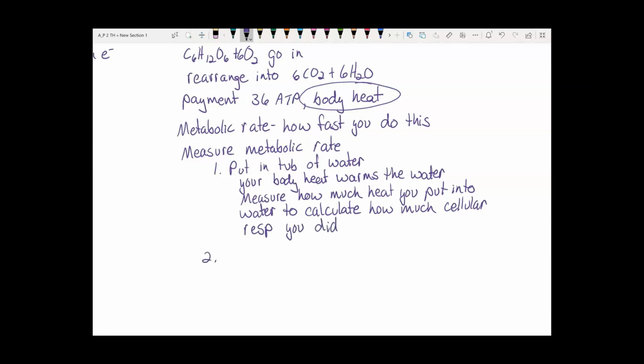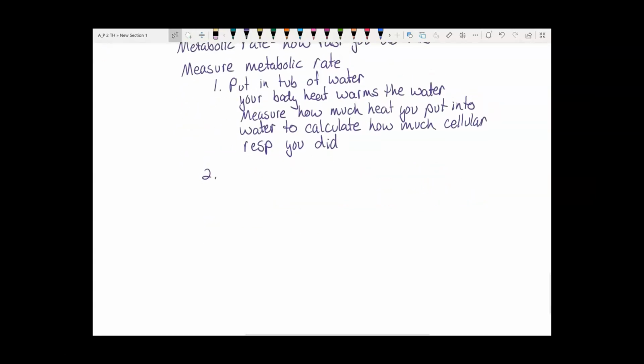The other common way to measure metabolic rate is oxygen consumption. So you can go into a sealed room. That way they know how much oxygen was in that room when you entered, and they can measure how much oxygen is in that room when you're done.